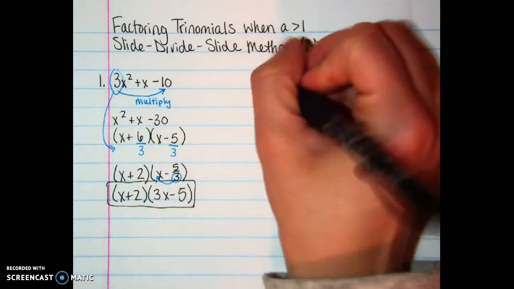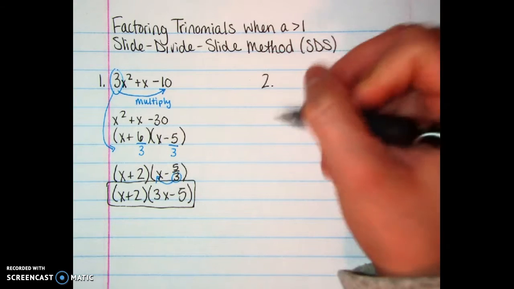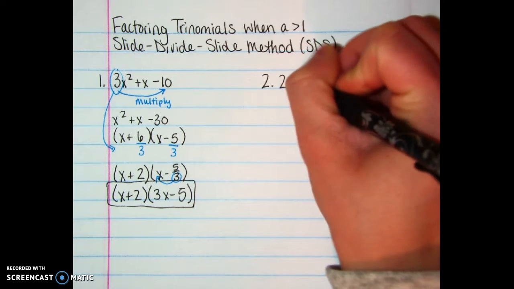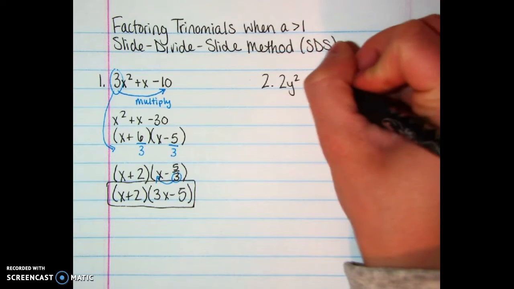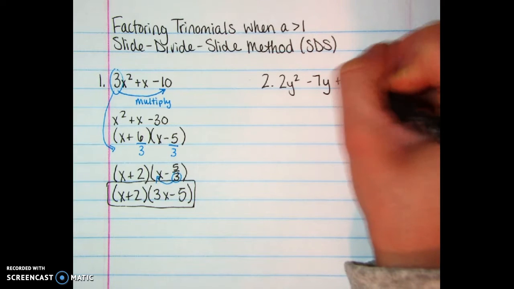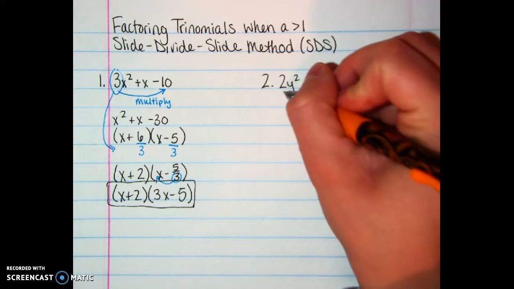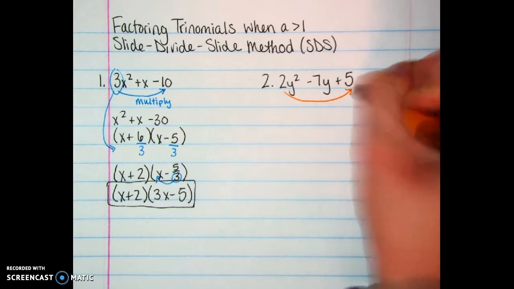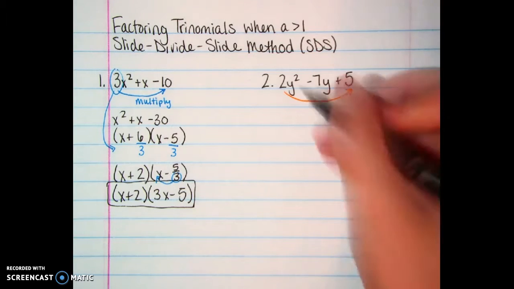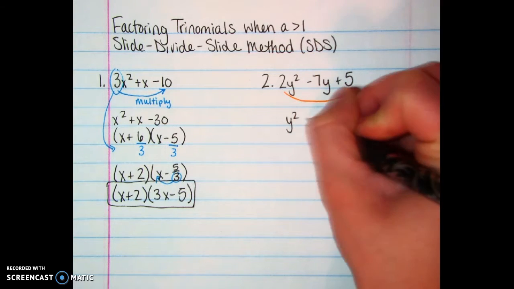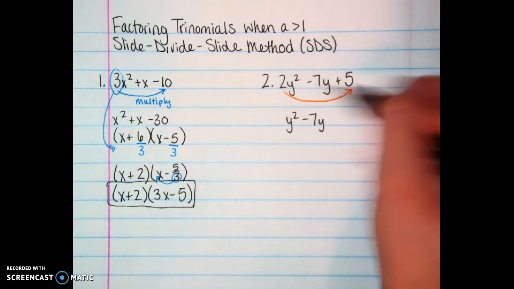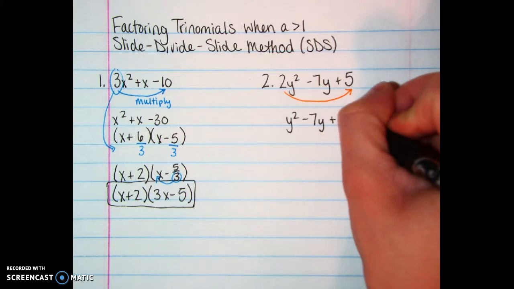Let's look at another one. Let's look at 2y squared minus 7y plus 5. So same steps as last time. I'm going to slide the 2 over to the back, and I'm going to multiply. So now I have y squared minus 7y, 2 times 5 is 10.